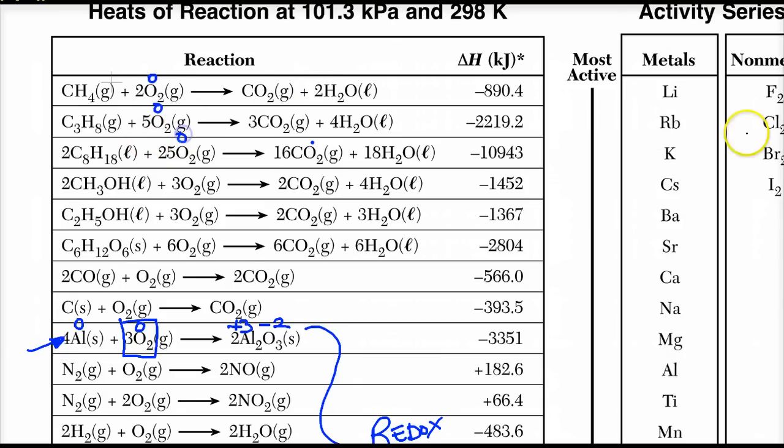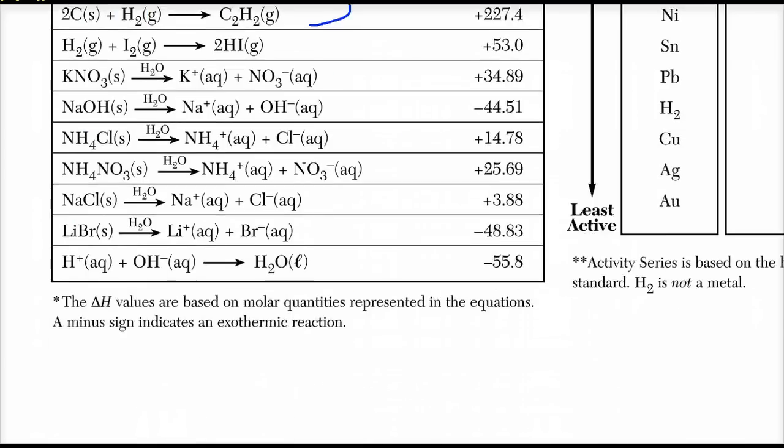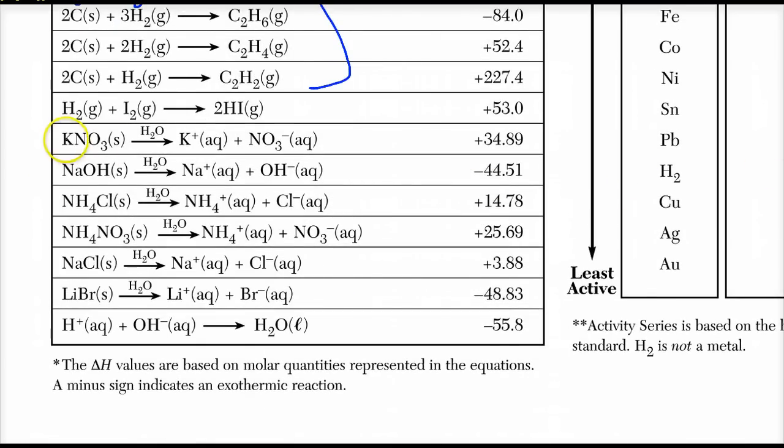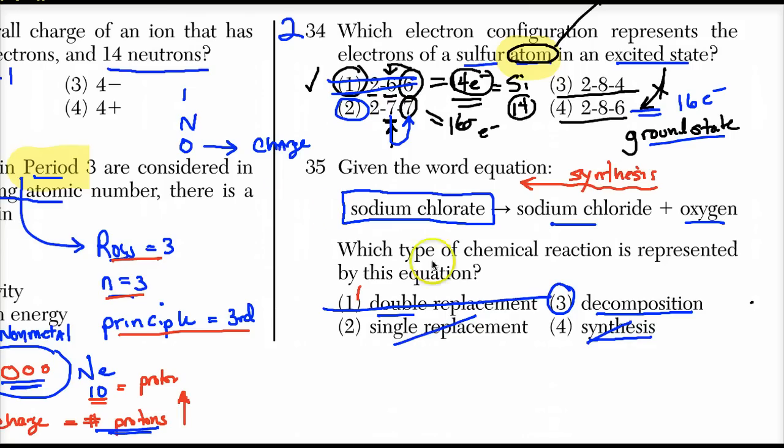These are all zeros. If I go down to the bottom third, these are ionization reactions. These are not redox. You can call these decomposition, but we like to call them ionization reactions, where a salt, if it's soluble, decomposes into its ions. Notice they're retaining the same charges they had in the compound, so these are not redox. 35 is definitely 3.